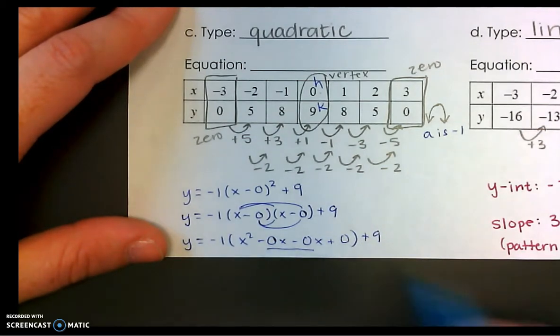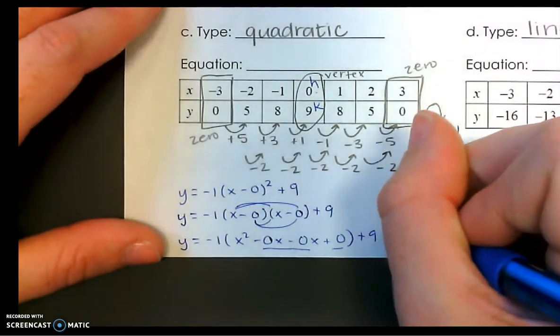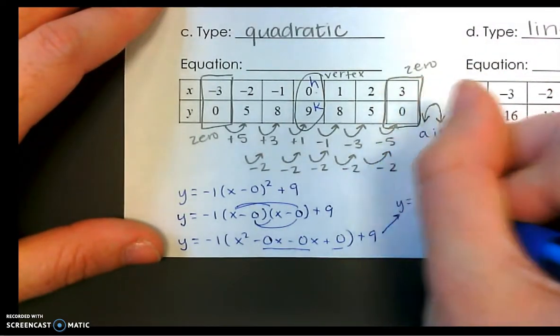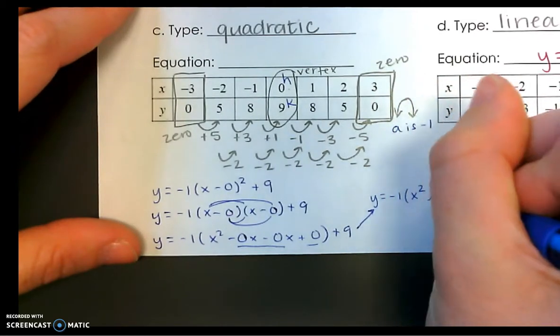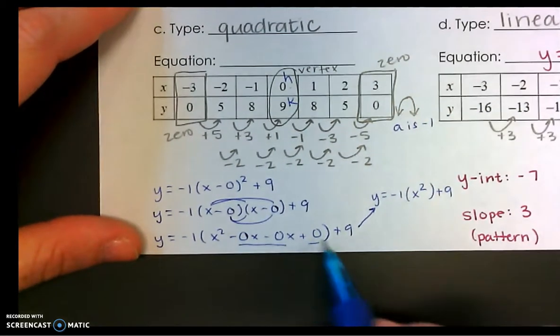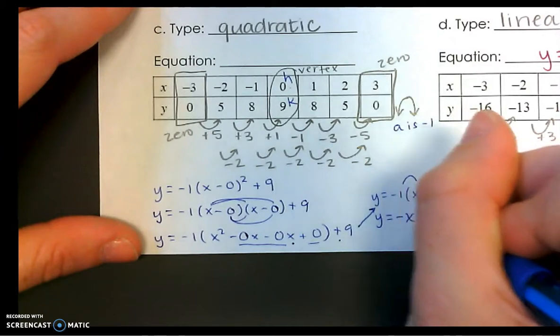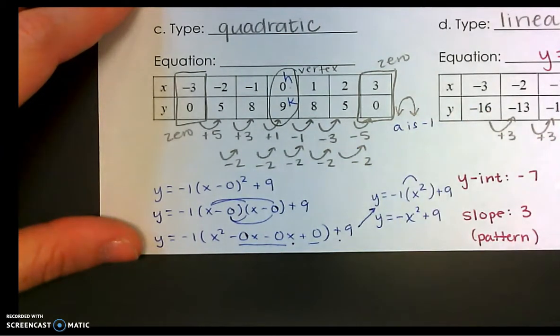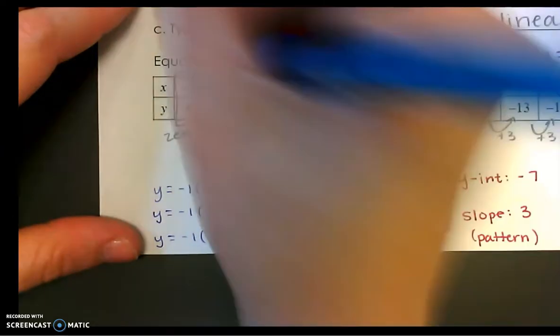That would just be 0x, and that would just be 0. So 0x is the same thing as 0. Adding 0, subtracting 0 doesn't change anything. So this part would simplify to negative 1 times x squared plus 9, because we don't need 0x and we don't need 0. If I distribute that, negative x squared plus 9, that would be my standard form.